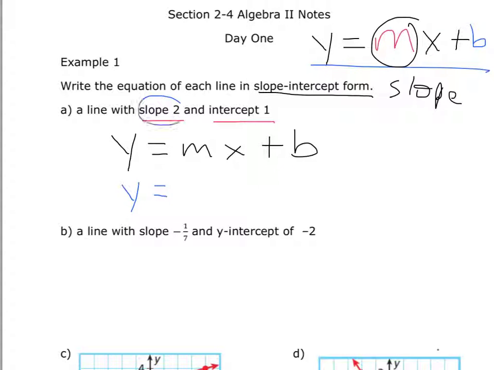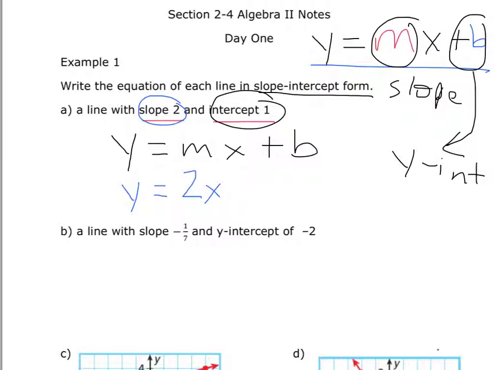Now it said the slope was 2, so I'm going to substitute 2 where the m is, so I have 2x. Remember b is the y-intercept, and it says our intercept is a positive 1, so I'm going to write plus 1. So there's our equation, y equals 2x plus 1.